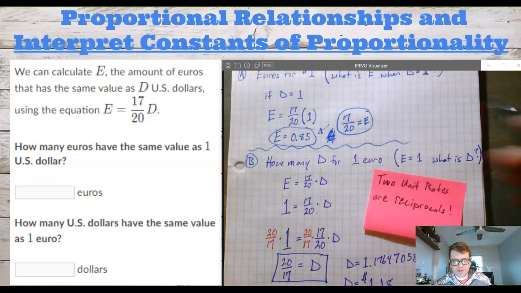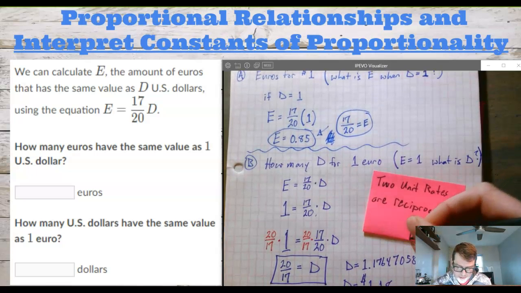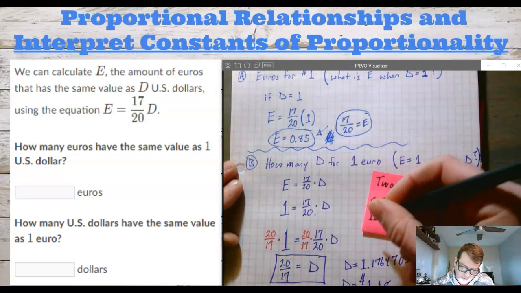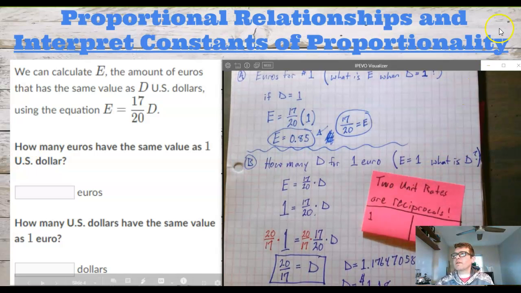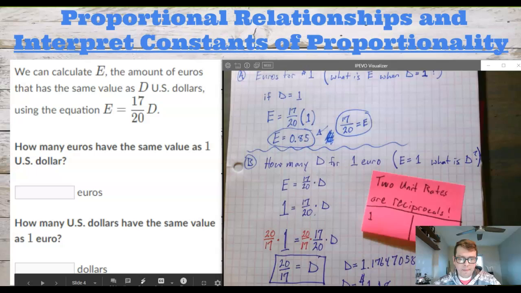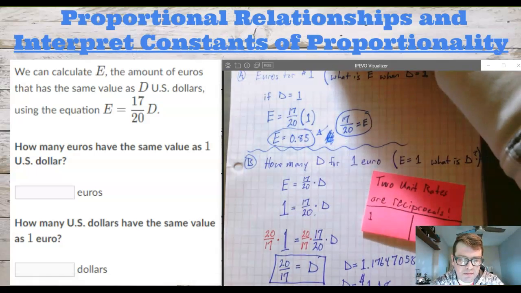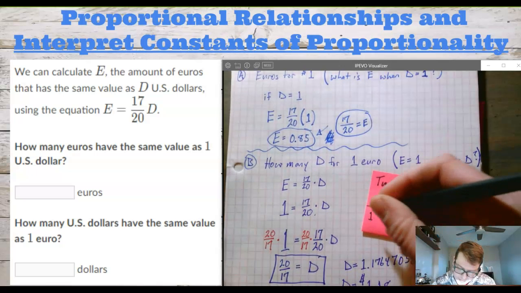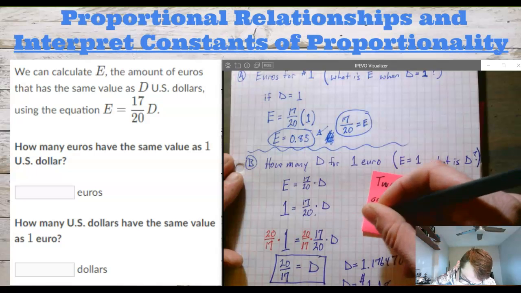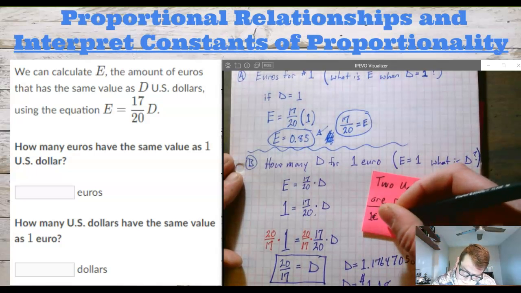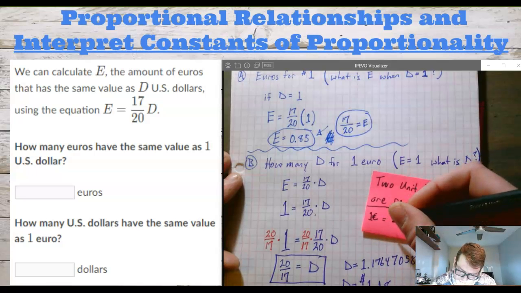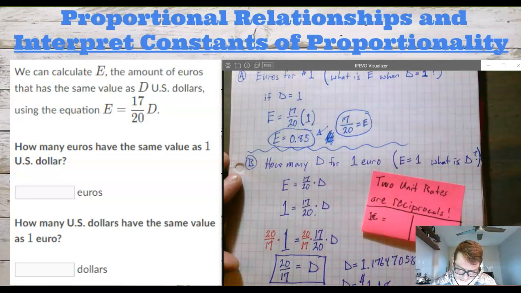So 17/20ths. I'm going to split my paper here. I'm going to double check this while you guys are writing. That's what it is. Guys, that's the symbol for a euro. 1 euro equals, what did we say, $1.18?